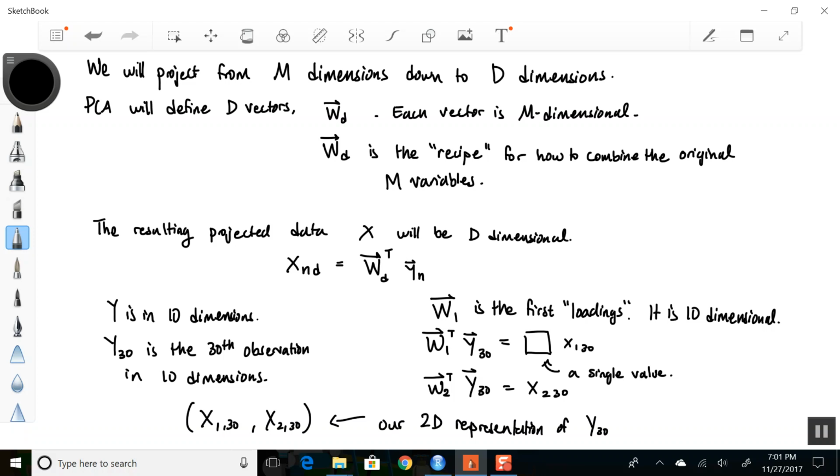Okay, so just to illustrate a little bit of the math, we're going to go from something even simpler. We're going to go from 2 dimensions down to 1 dimension, okay?